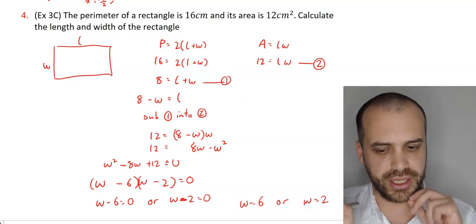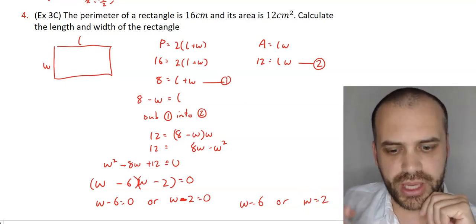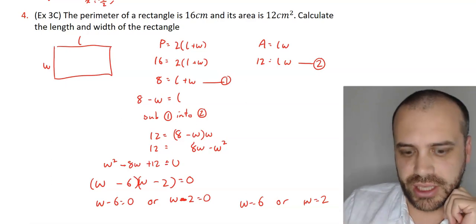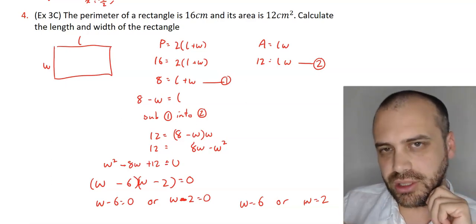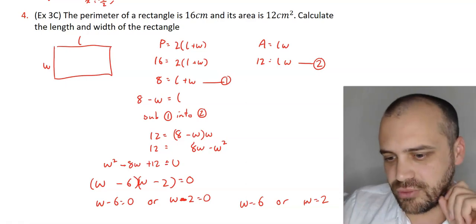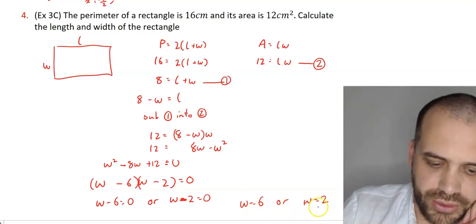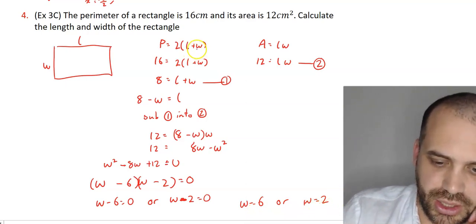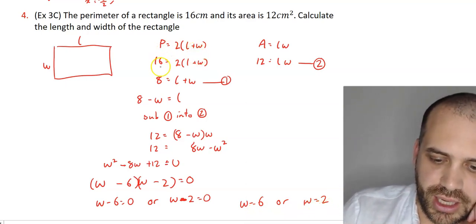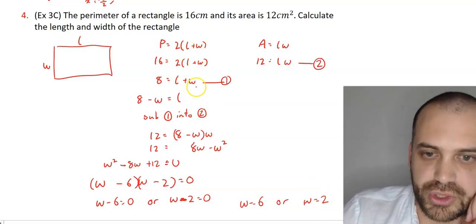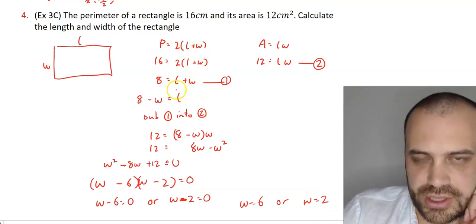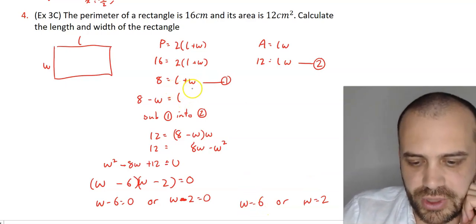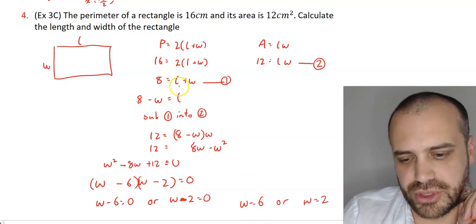So, two answers here. Why are there two answers? Well, the equations themselves don't differentiate between length and width. If we assume that length is the longer side of a rectangle, then the width must be 2. And if we put width of 2 in here, we'd find that length is equal to 6. If we put width of 6 in here, we'd find that length is equal to 2.